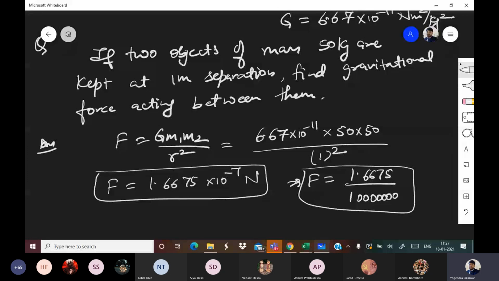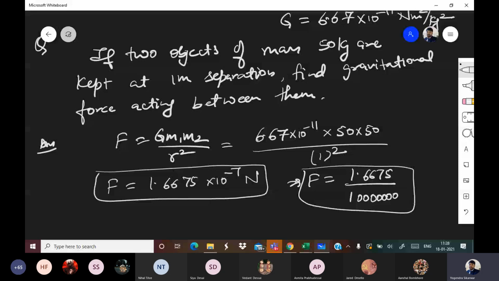Now, because of this force, everyone please pay attention. Because of this small force, you don't feel attraction towards another massive object, because I am assuming your mass is approximately 50 to 60 kg, right? So basically, for small objects, we don't see the effect of gravitational force that much. Why?